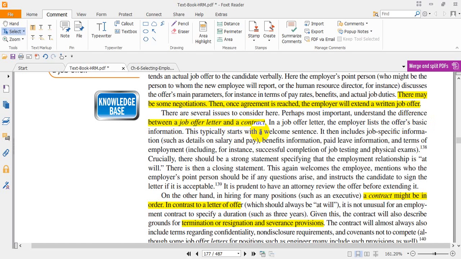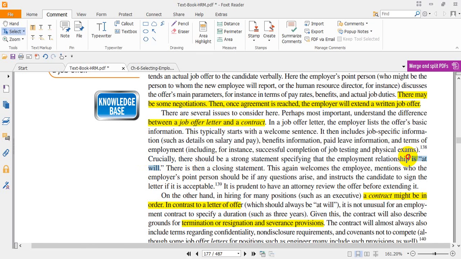This typically starts with a welcome sentence. It then includes job-specific information such as details on salary and pay, benefits information, paid leave information, and terms of employment, including, for instance, successful completion of job testing and physical exams. Crucially, there should be a strong statement specifying that the employment relationship is at will.